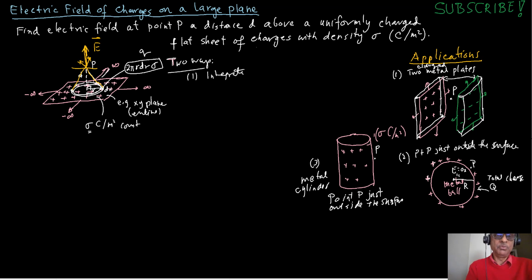And so if you wanted to integrate, you would have this is dq. So you'll have a dq, and the distance from this ring will be the same for every point of the ring. So you'll have r square plus d square, and then from this point, if this is the angle, let's call this angle phi, we want cosine phi.